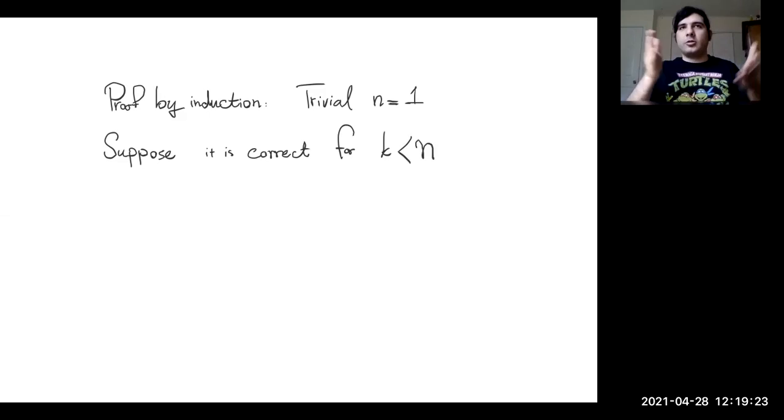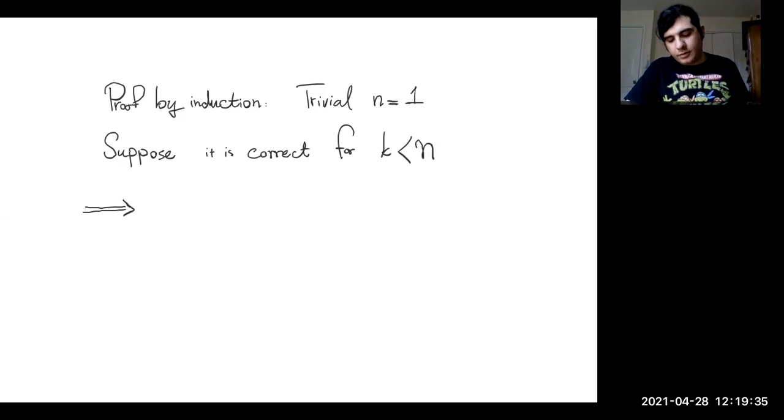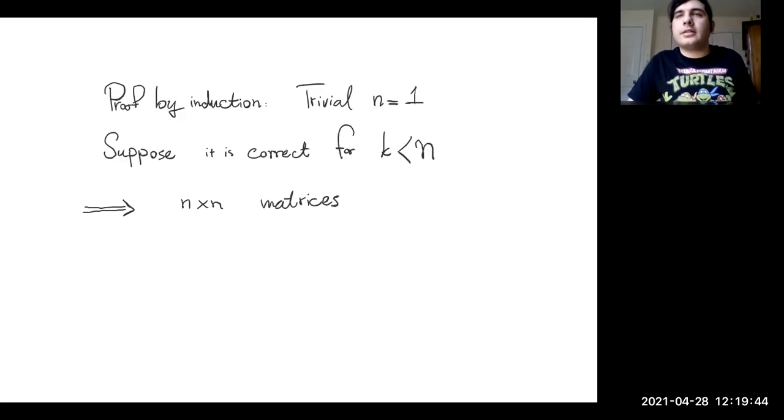So we have that for 1 by 1 matrices, 2 by 2, up to n minus 1 by n minus 1 matrices. And our goal is we want to show it is also correct for n by n matrices. Okay.